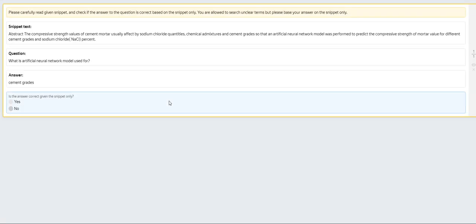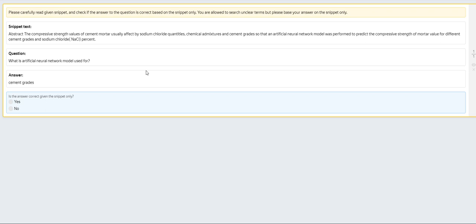We should get something like an error if we made a mistake. So the snippet again is: Abstract. Compressive strength values of cement mortar, usually affected by sodium chloride quantities, chemical admixtures, and cement grades, so that an artificial neural network model was performed to predict the compressive strengths of mortar values for different cement grades and sodium chloride percent.